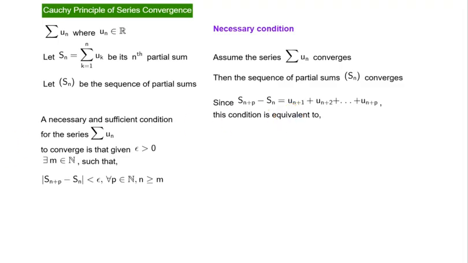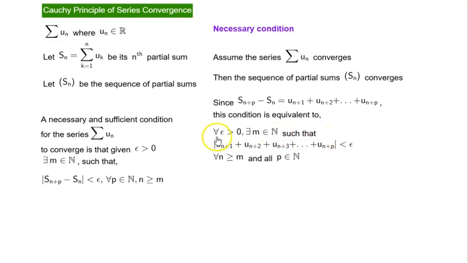This condition is equivalent to the statement for all epsilon greater than 0, there exists m in n such that the magnitude of U sub n plus 1 plus U sub n plus 2 plus U sub n plus 3 plus ... plus U sub n plus p is less than epsilon for all n greater than or equal to m and all p in the set of natural numbers.